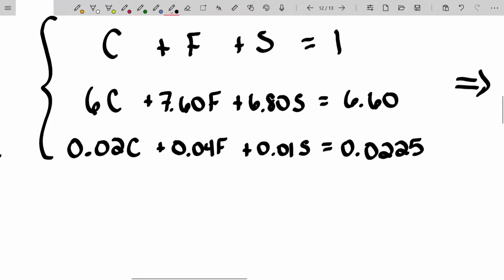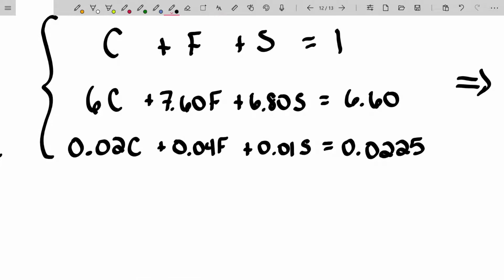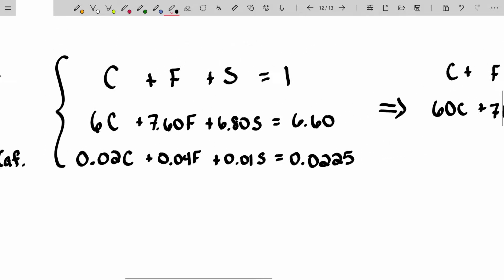The unfortunate piece is this last equation. I would love to multiply by 100 so that I have 2C, 4F, and 1S, but unfortunately 100 would only get me that decimal place there. So I need to really multiply everything by more than 100, maybe by 10,000, which is not fun. I'm going to move the decimal place over 4 units, essentially.